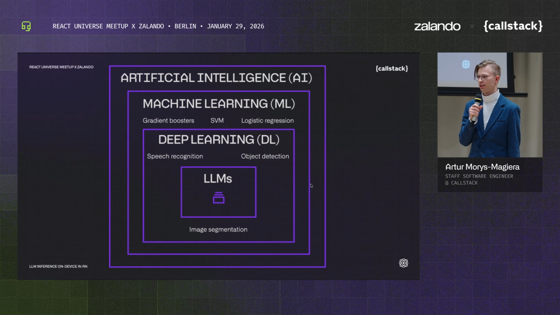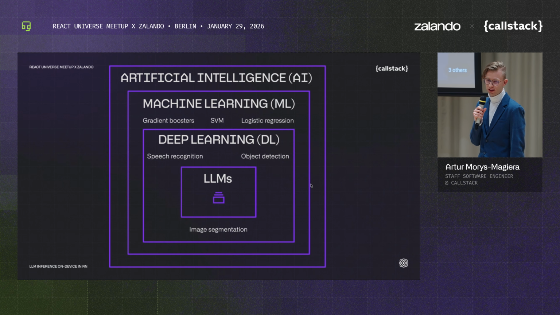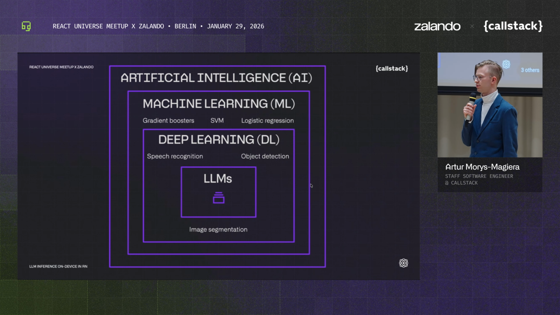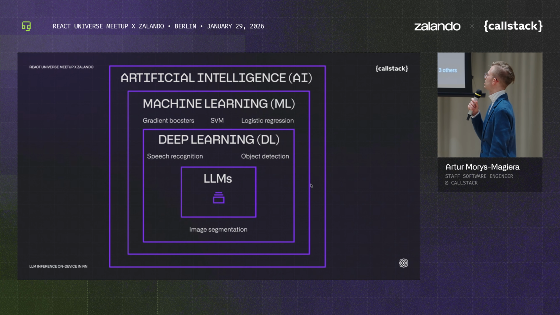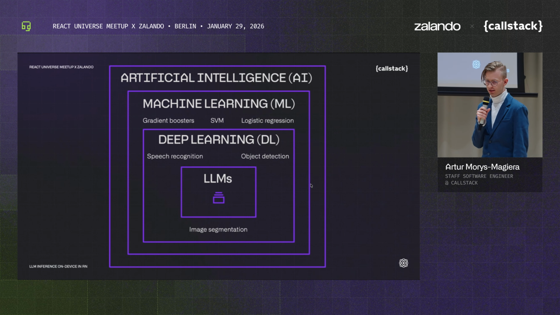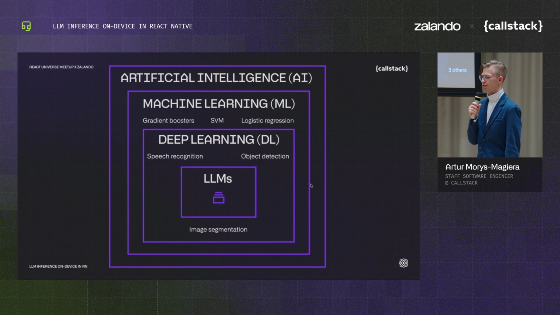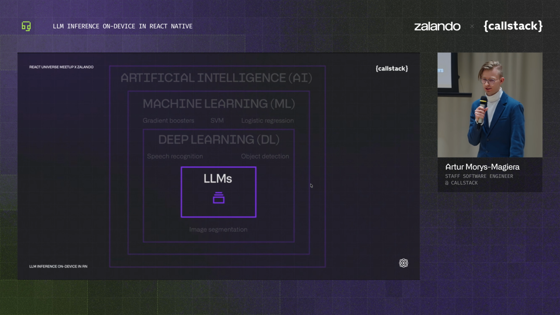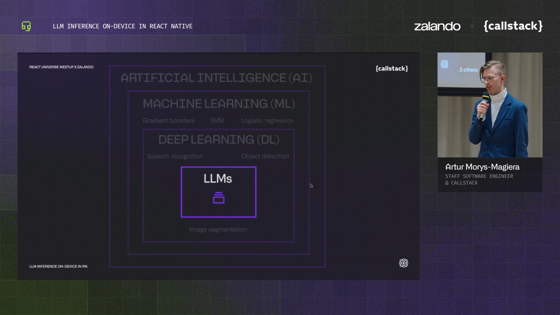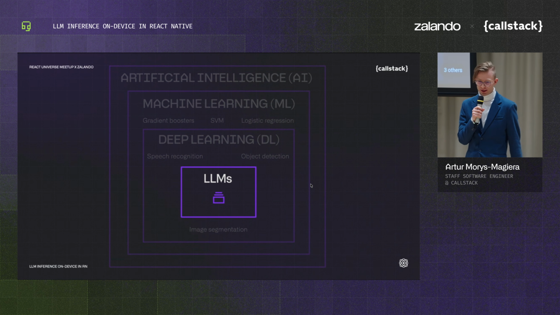Their tasks are classification, regression, etc. Machine learning itself also includes other methods: clustering, gradient boosters, support vector machines, logistic regression. There's a whole bunch of those. And all of those methods fall into the category of artificial intelligence. Today's talk will only touch LLMs, so we'll only stay in this one specific subset that's currently very popular.